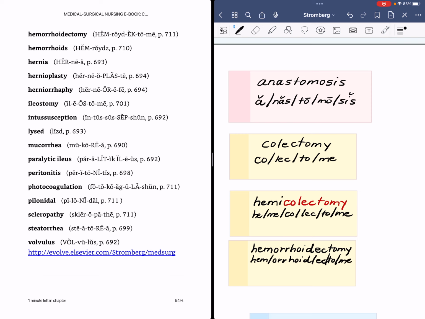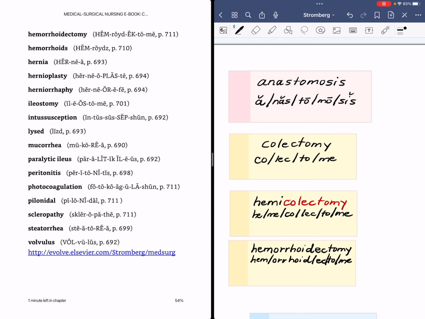Okay, just by living life again, I know that ectomies, in my experience, are not pleasant things. A tonsillectomy, an appendectomy. When I am undergoing an ectomy, they are taking something away that I was born with. And again, that's just life knowledge. But always bring that life knowledge into these words to help you understand what they mean.